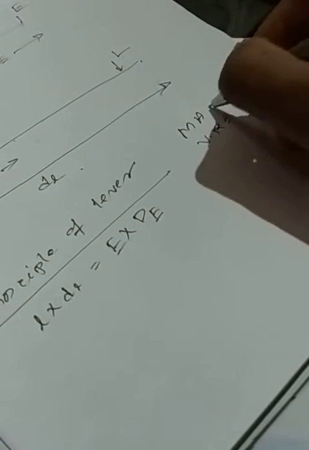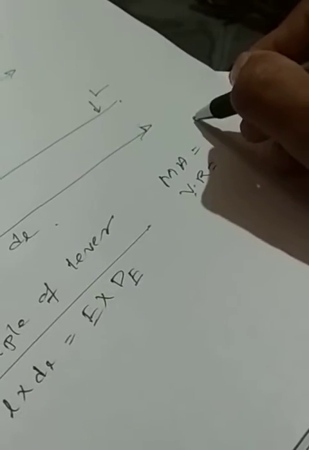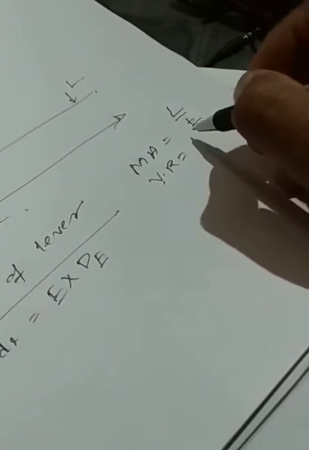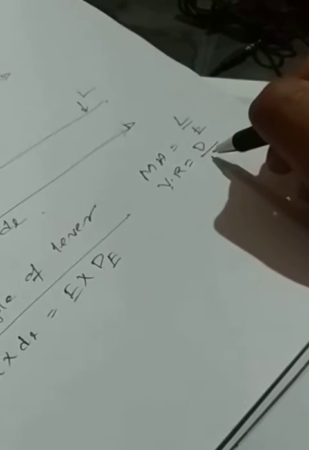In this lever formula, remember mechanical advantage can be less than 1, but velocity ratio remains the same. So mechanical advantage cannot be 100%, but velocity ratio can be 100%. Load by effort is called mechanical advantage, and similarly, effort distance by load distance is called velocity ratio. This one you know from before in this topic.